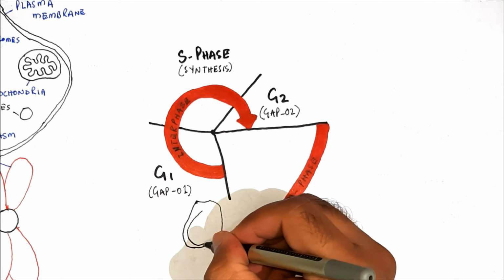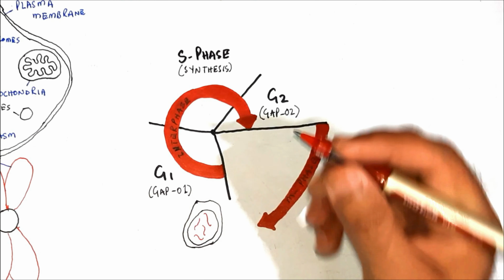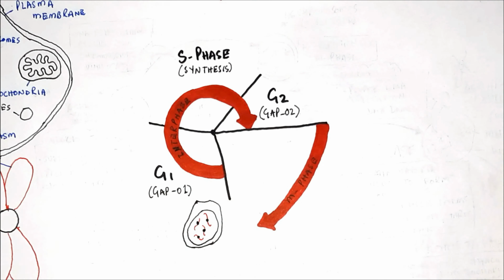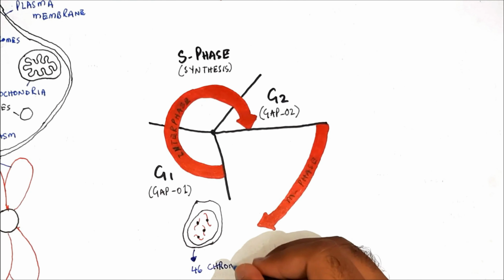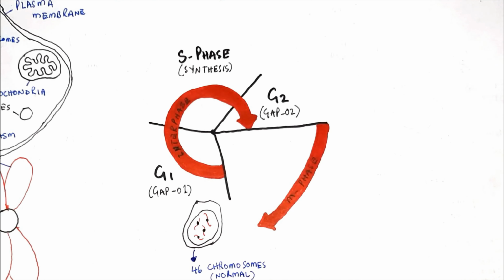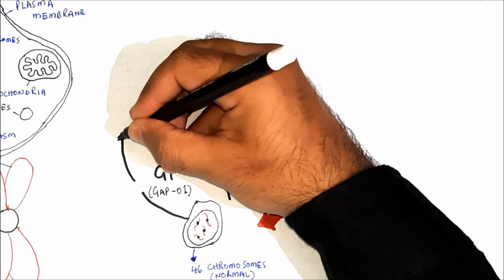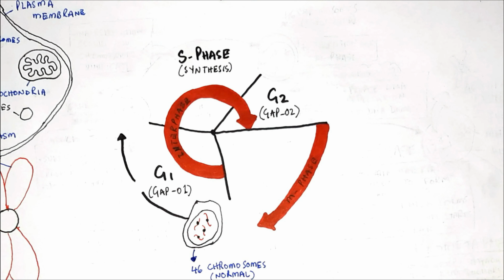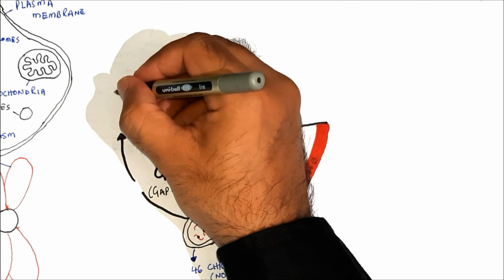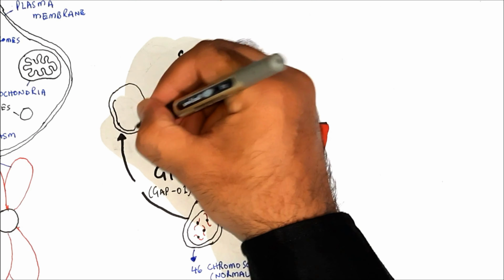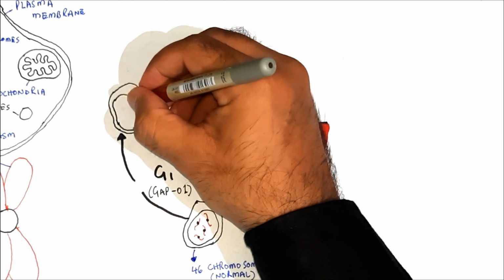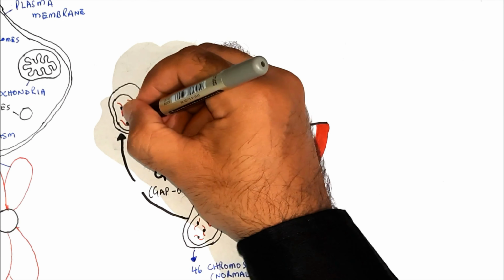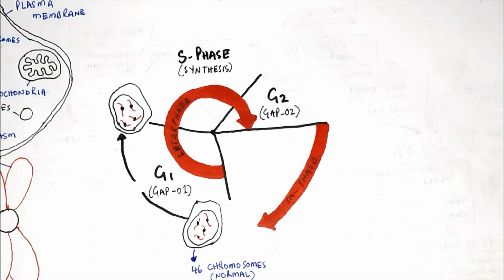Now we will look from phase to phase at what happens during the cell division. Let's suppose we start with the cell having 46 chromosomes. All of them are normal chromosomes, with one chromatid. When the cell passes through the G1 phase, nothing apparently changes. The number of chromosomes remains the same and all of the 46 chromosomes are again the normal ones.